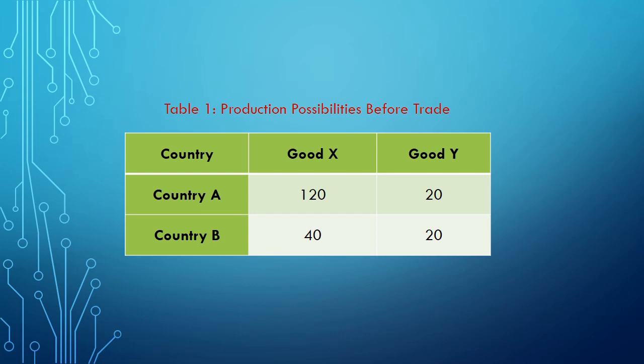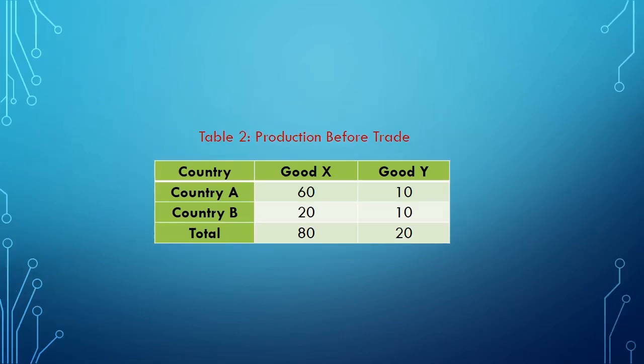Okay, so now we move to the table that shows production before trade. Before this we know that if country A uses all of the resources to produce only good X, the country can produce 120, right? So if the country wants to produce both of the goods before having trade, of course these two countries want to enjoy consuming both of the goods.